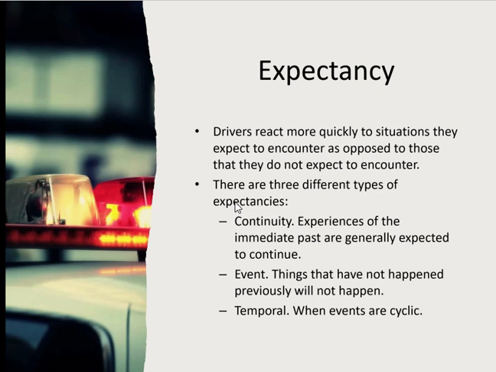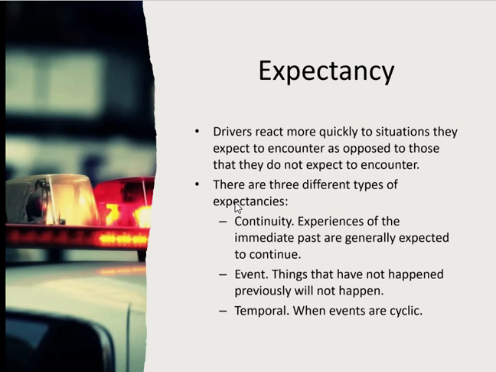The example is the signal. There are three lights. When you come towards a signal, if you see red, I know after red it should be yellow. So I am expecting it to change.